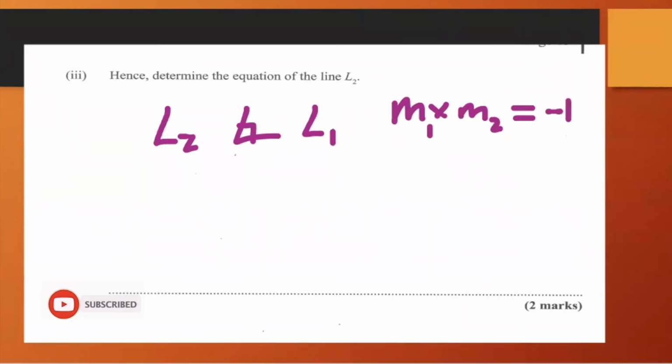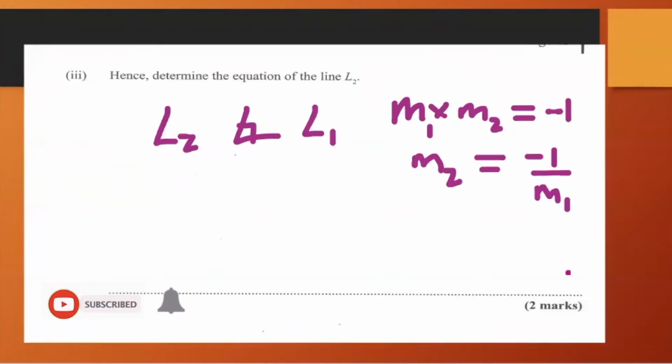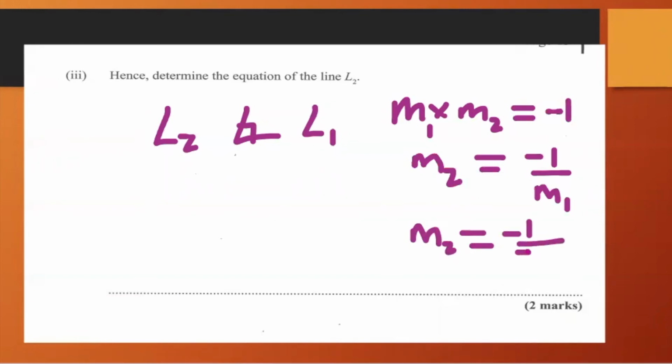So that clearly means that M2, let's say M2 is the second line, the gradient will be equal to minus 1 over M1. Now, M1, which is this gradient, is negative a half. So remember, I did it to this, negative a half or negative 0.5. So M2 is equal to minus 1 over negative a half.